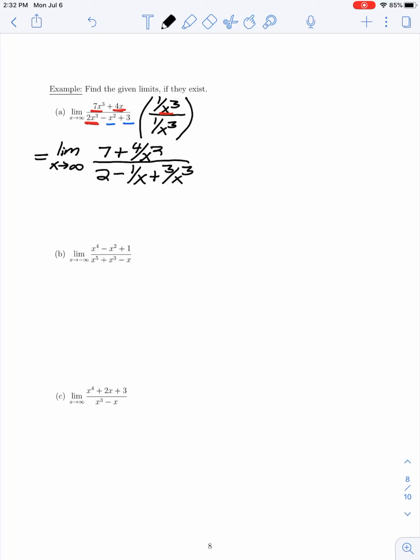Now using the properties of limits, we know that the limit of a quotient is the quotient of the limits. So I can think about this as the limit of the numerator, which was 7 plus 4 over x squared, divided by the limit of the denominator, which was 2 minus 1 over x plus 3 over x cubed.